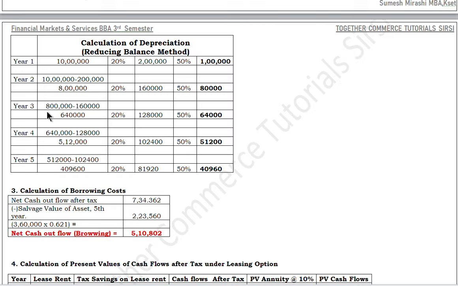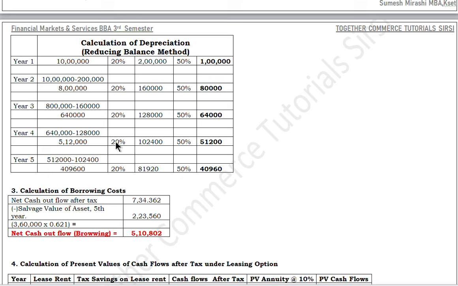Okay, students, this is how the depreciation is calculated for the third year. Then for the fourth year, again we should take this value 6 lakh 40 minus the previous year's depreciation, that is this 1 lakh 20. Then you will get the answer as 5 lakh 12.